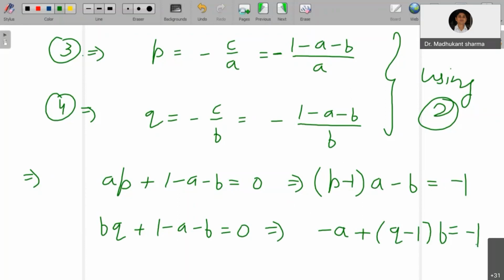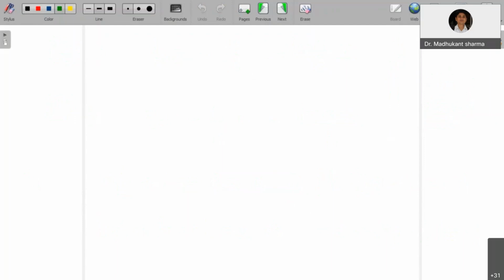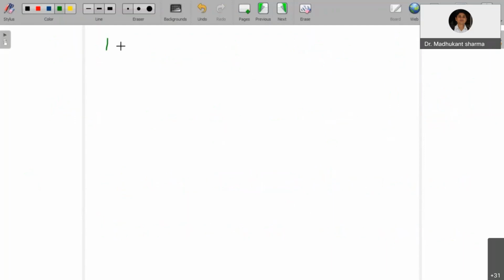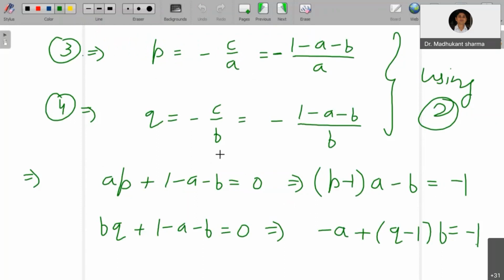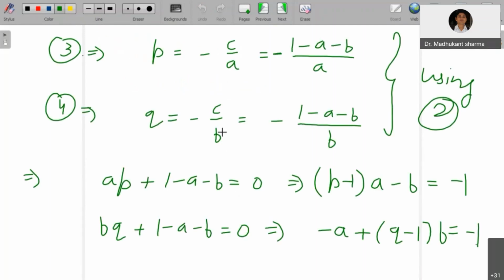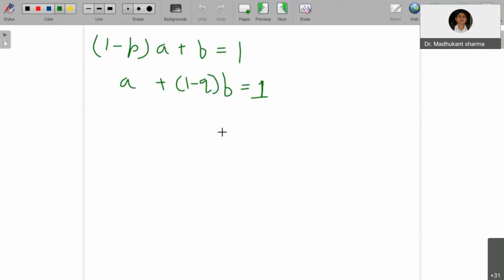So I may write a more simplified form now. Let's multiply by minus both sides. So what you will have is 1 minus p times a plus b equals 1, and you have a plus 1 minus q times b equals 1. Now you have two equations in two unknowns.